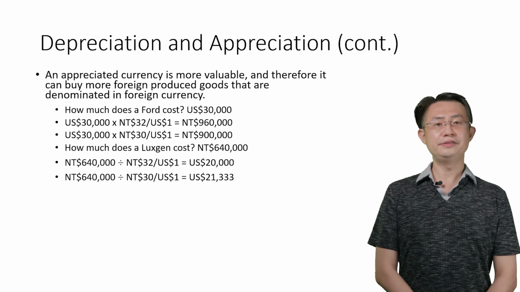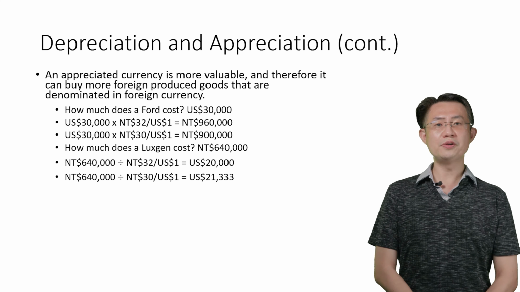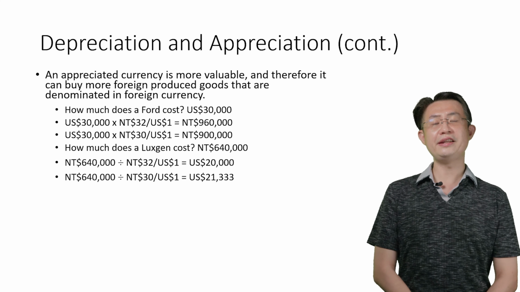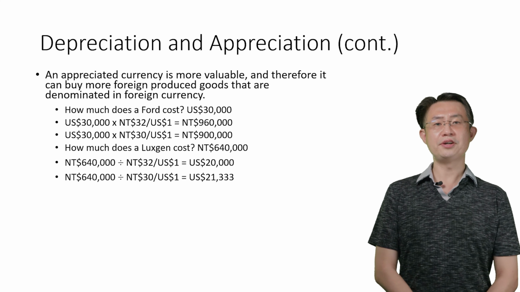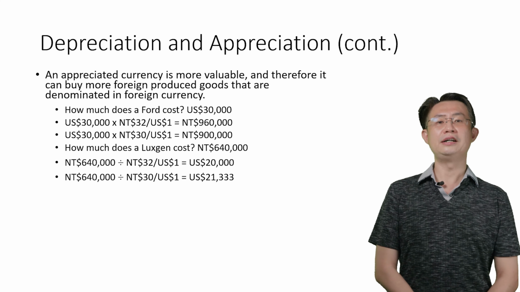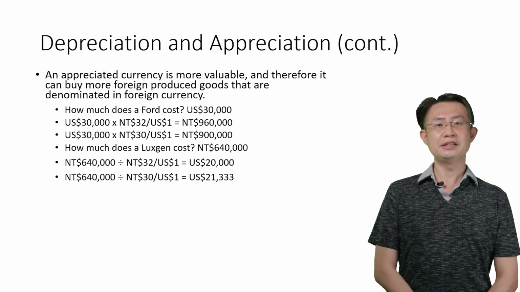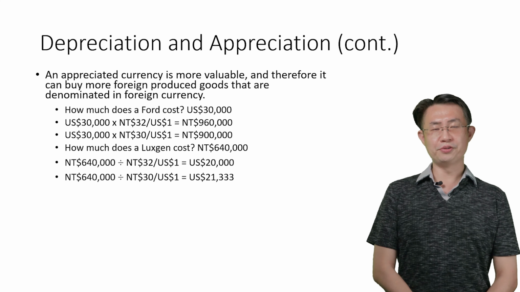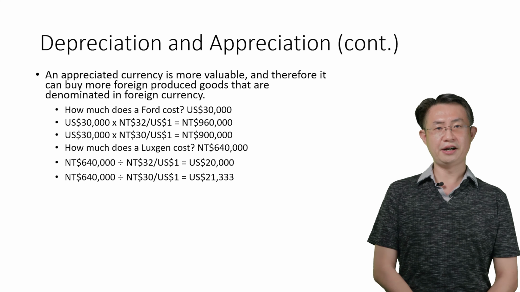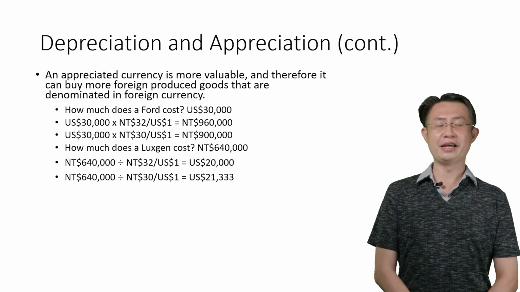After the Taiwan dollar appreciates, the same SUV will cost less money, or less NT dollars, right? So for Taiwanese, if they find that the exchange rate falls down from 32 to 30, they will find out the price of imports will decrease. They can buy the same Ford SUV at a cheaper price.